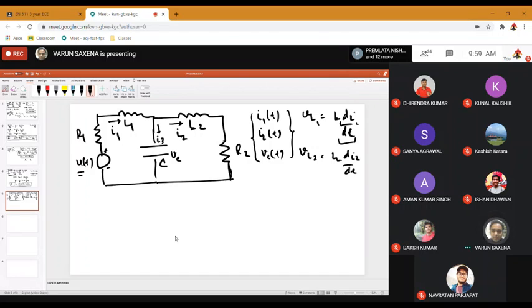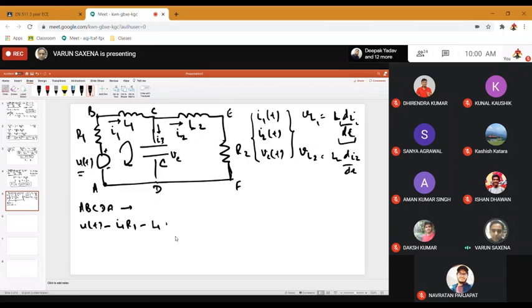So if you look at the problem, let's take this loop here. We start from this point and go up to this point. Let me call the points A, B, C, D, E. So we are going A, B, C, D, A. So the equation is Ut minus I1 R1 minus L1 di1 by dt minus Vc equals 0.